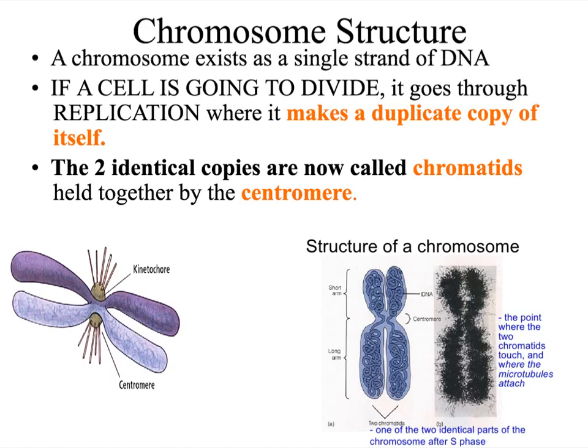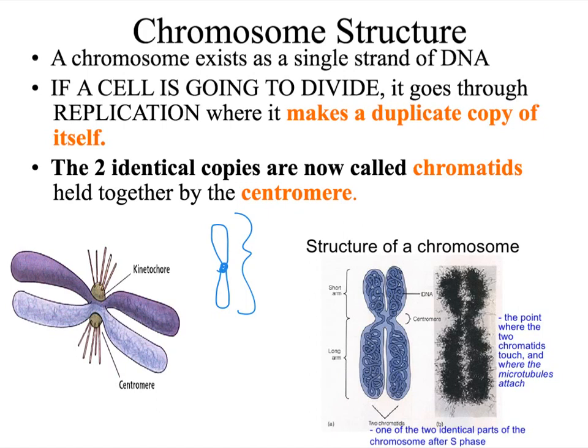Now, one important thing you need to understand about a chromosome is that the amount of DNA in a cell, if it's never going to divide again, is not as much as the amount of DNA in a cell when it's going to divide again. In other words, the cell has a cell cycle. At the beginning, when a cell is first born, if you were to coil up the DNA, even though it wouldn't normally be coiled up, it would look like this. It would be one linear stick with the centromere in the middle.